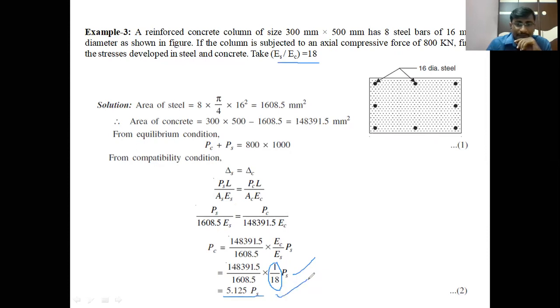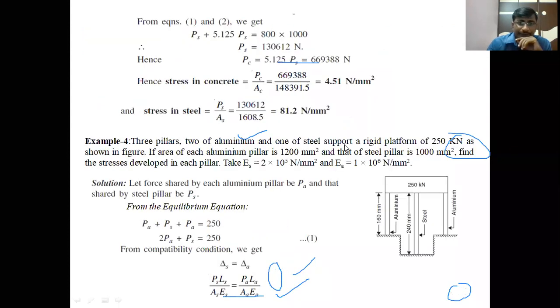If we substitute this PC value into equation 1, it is equation 1 and this is equation 2. By substituting equation 2 into equation 1, we can write 5.125 PS plus PS is equal to 800 kilonewtons. Clear? So from equations 1 and 2, PS plus 5.125 PS is equal to 800 into 1000.